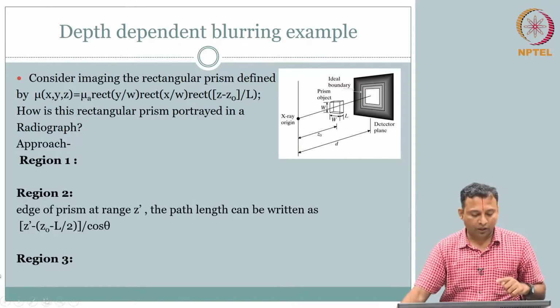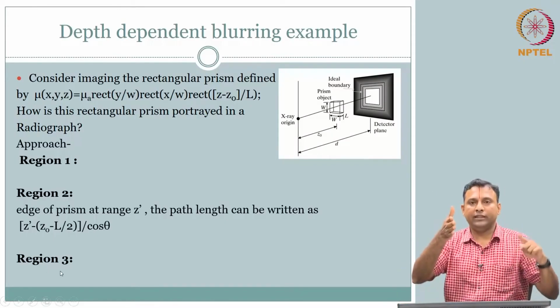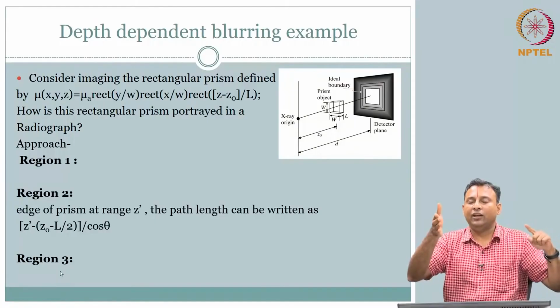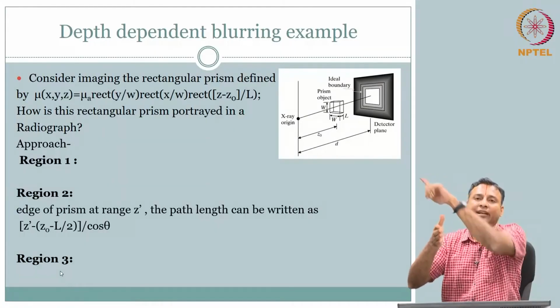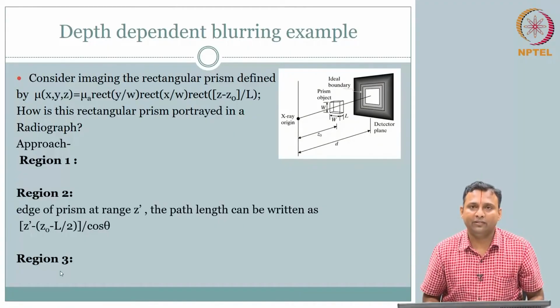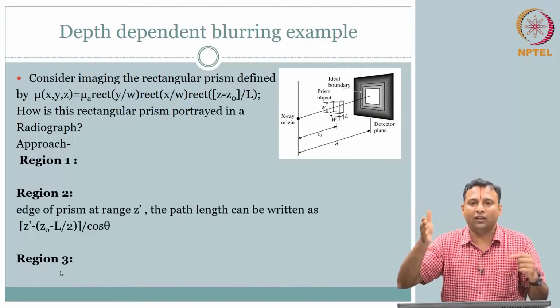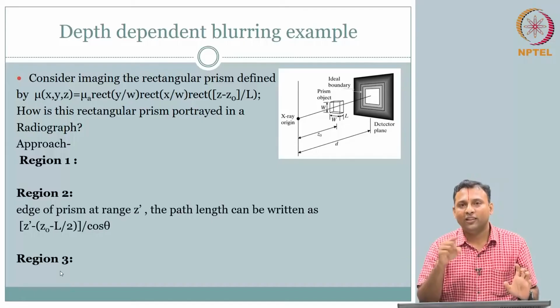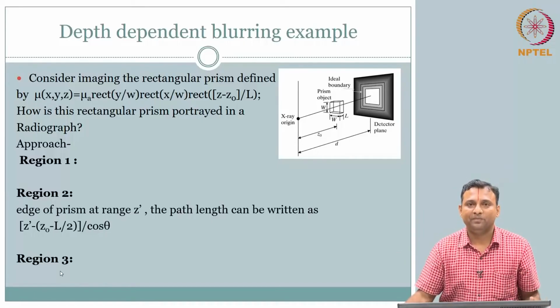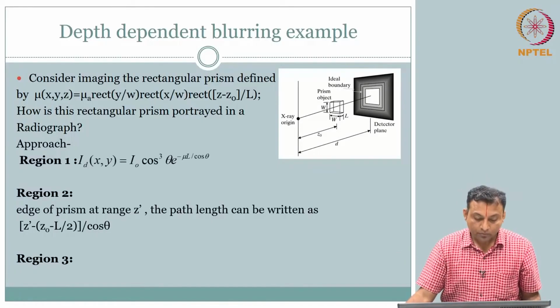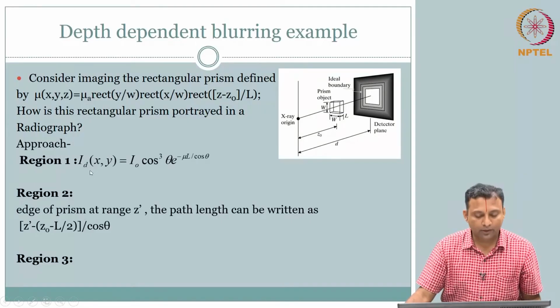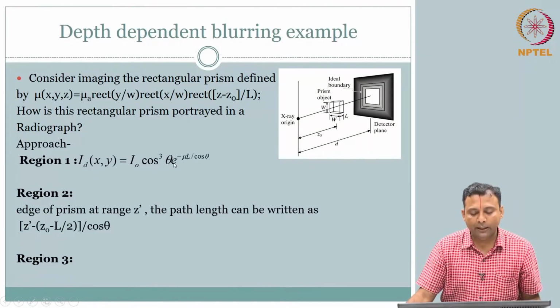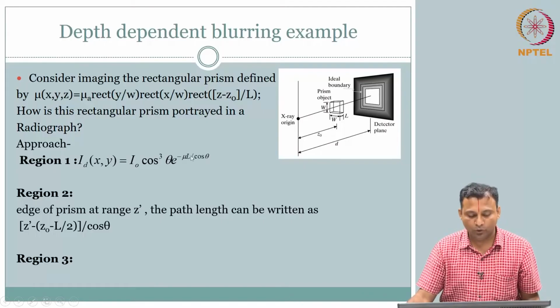The third region is not a problem; it is diverging so that it is not even seeing the object, it is just hitting the detector screen. That is the field of view without the object, which is also straightforward. We already wrote what the variation will be: I naught cos cube theta e power minus mu L by cos theta, no issues.